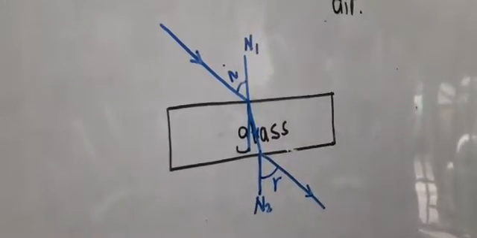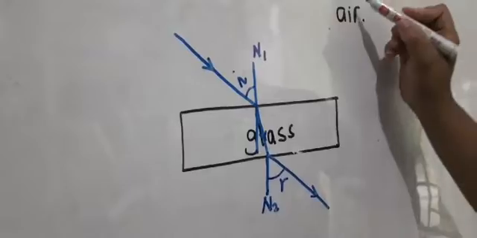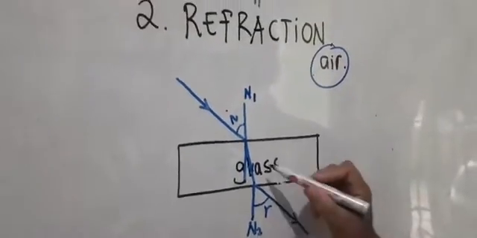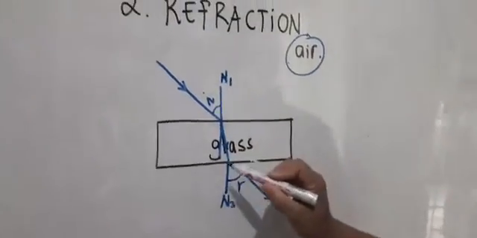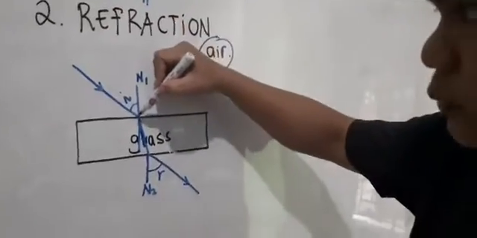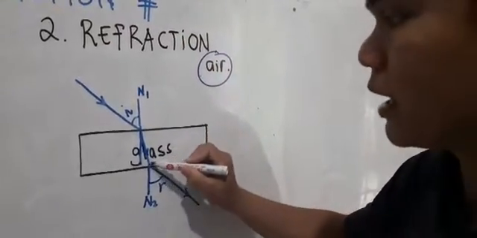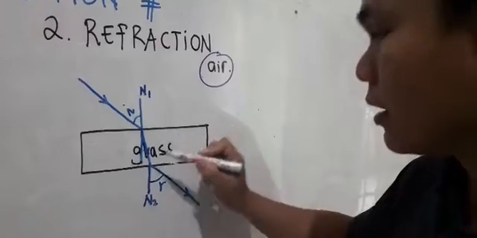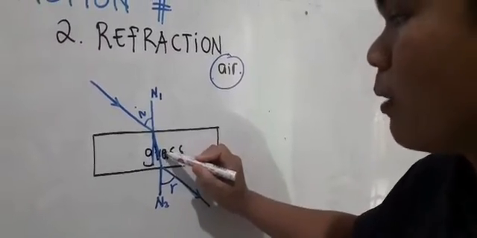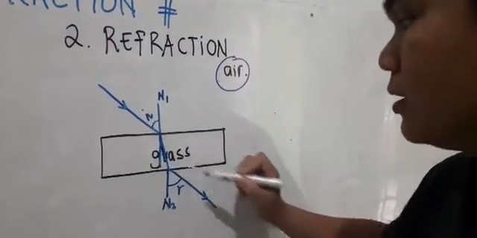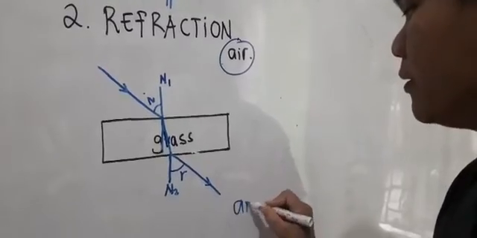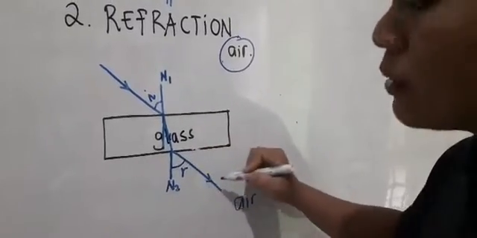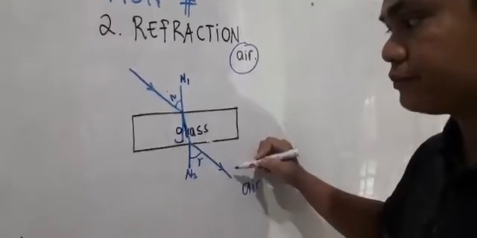When the light comes from the less dense medium like air to the more dense medium like glass, the light will be bent towards the normal line. But if the light comes from the denser medium to the less dense medium, air, the light will be bent away from the normal line.